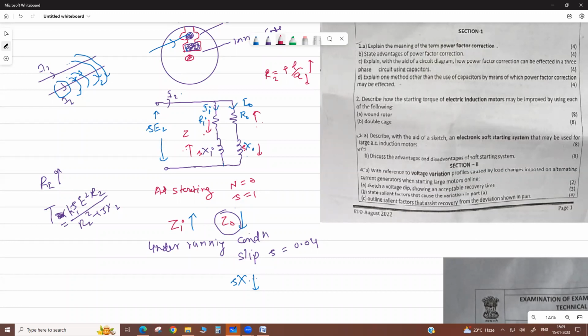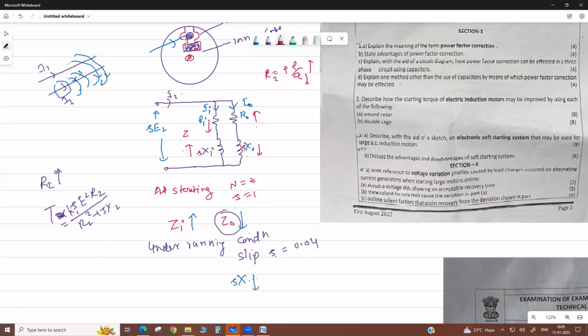Now there is a change in impedance. Earlier, at starting, there is low flux linked with the outer cage, that's why impedance is low.